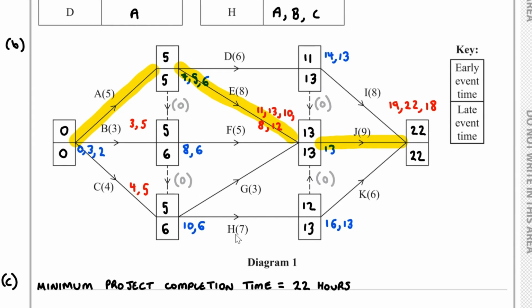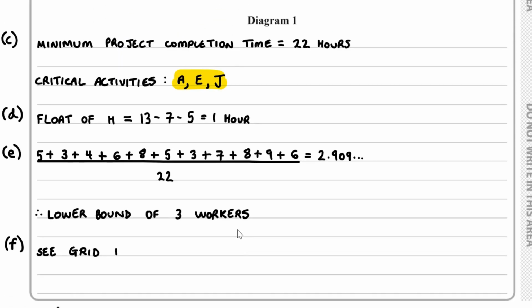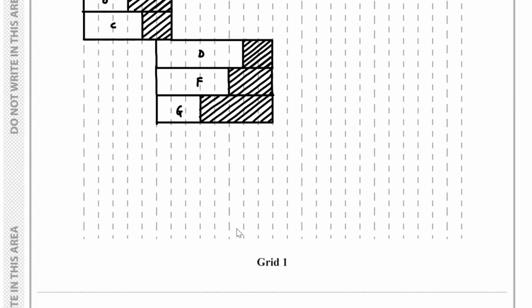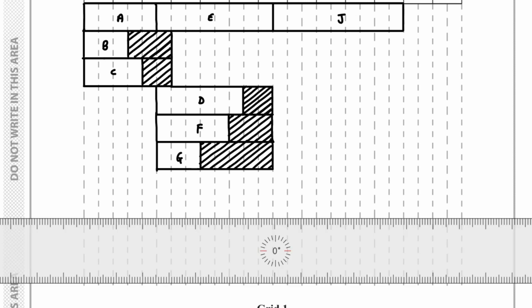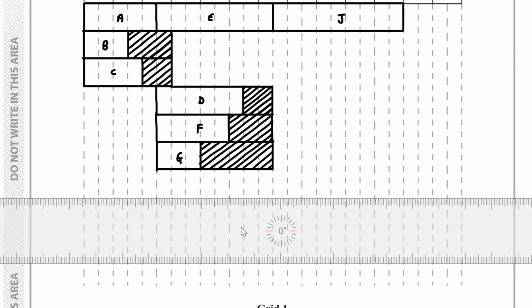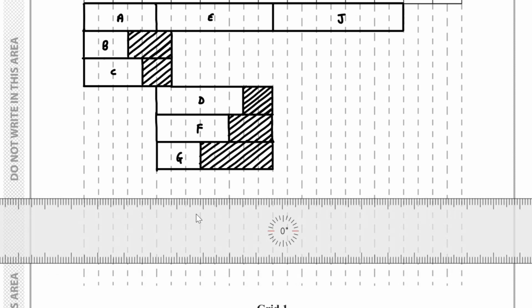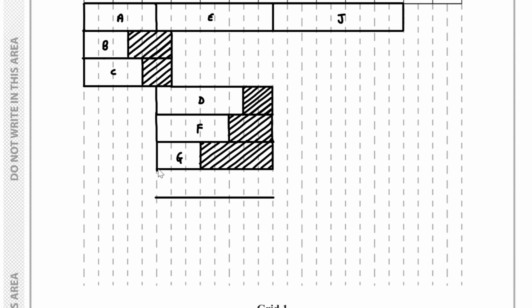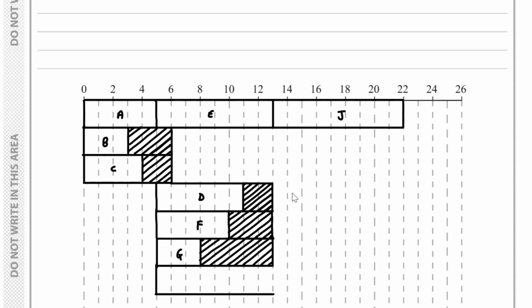Now we've also got H. Starts at 5, finishes at 13, duration 7. So we need to add on H. So H, that is going to go here, and we've got a duration of 7, so that takes us up to 12.